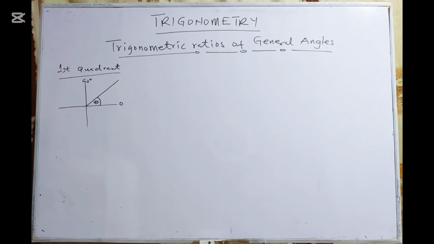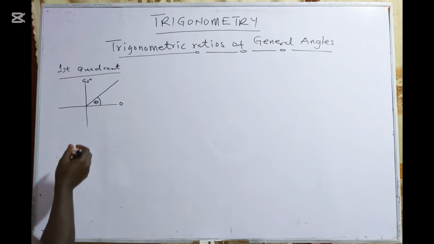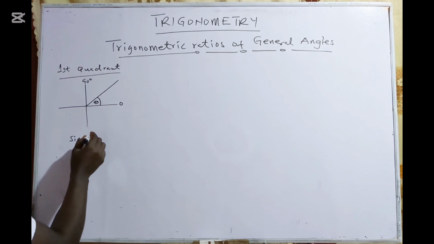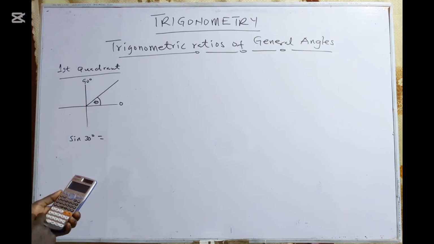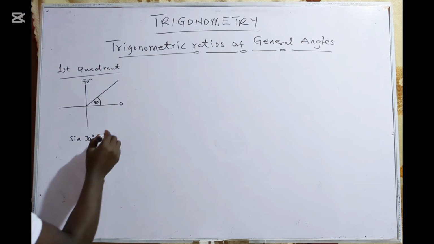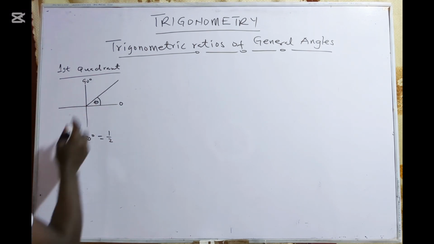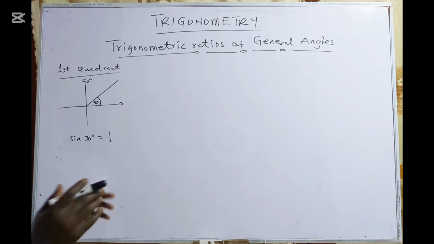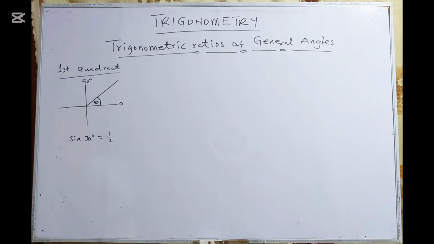That is the angle. Alright, so let's say that when I'm asked to find, let's say sine 30 degrees, sine 30 is what? 1/2. It falls within the acute. So in the first quadrant, whatever angle you are given in the first quadrant, you work with that. Okay, so that one is so simple.